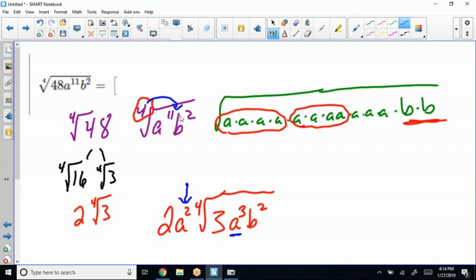Yeah. I think I just got confused with the pairings. I think I was doing the pairs of 2 at first. I didn't realize you had to do 4. Yeah, the root tells you what your pairings have to be. Basically, how many times will that root go into the exponent on the variables?